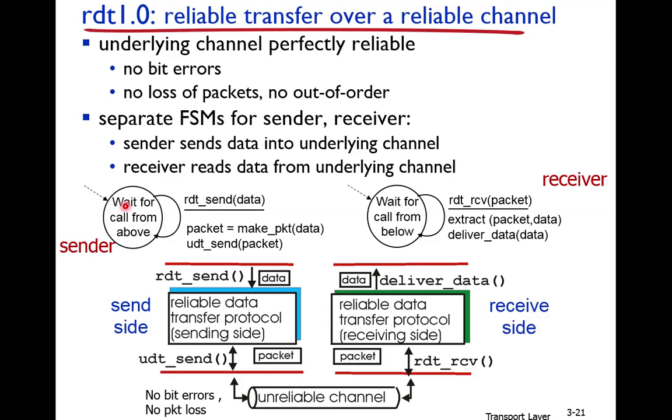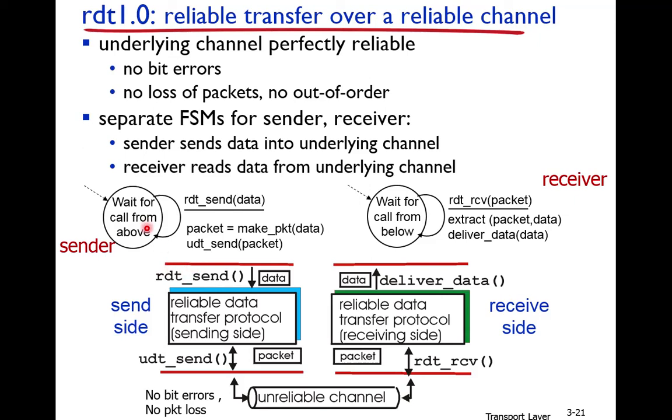In this case, the FSM at the sender side should have only one state. And what is that one state? It waits for a call from the above layer, that is, it waits to receive the data from the application layer, RDT send.